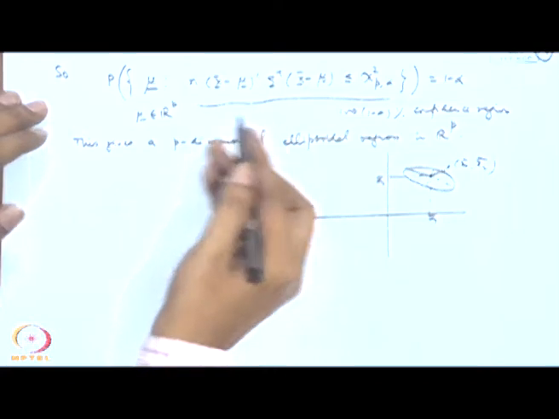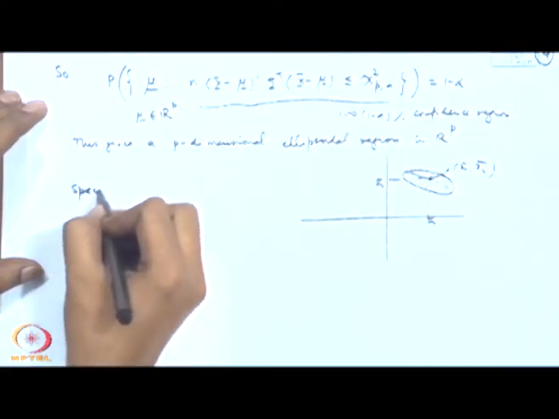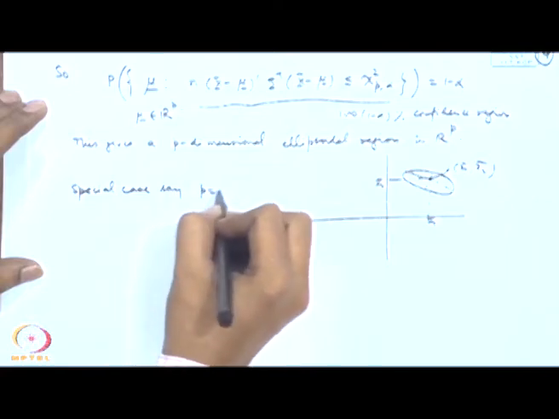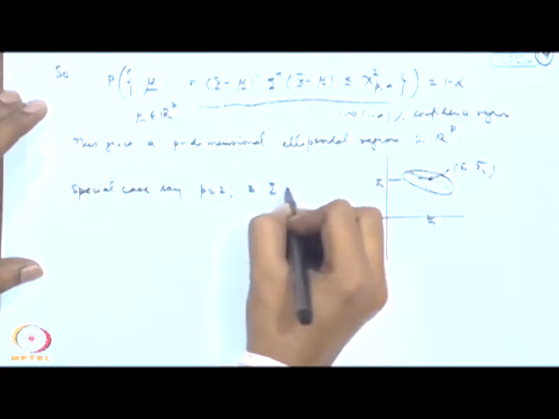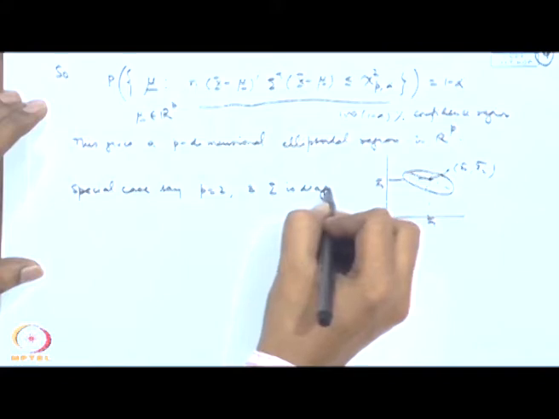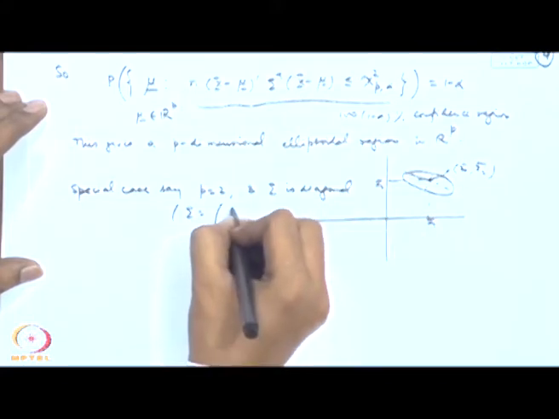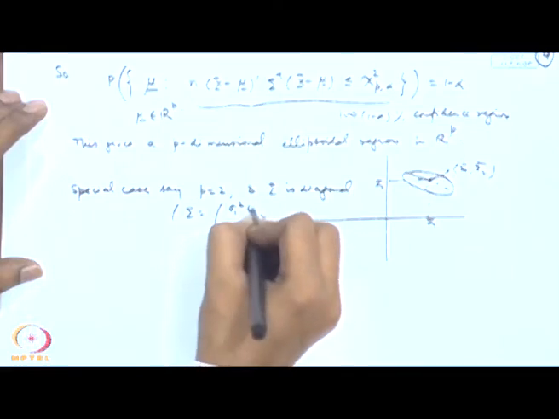Let us take say special case, say p equal to 2 and sigma is say diagonal, that is say sigma is equal to diag(sigma 1 square, sigma 2 square). Then how this region will look like?